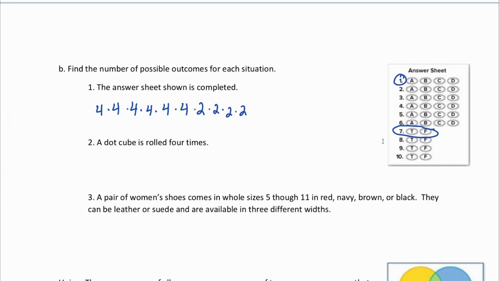They're all separate, and this would give us our possible outcomes, which should give us 65,536 outcomes when we calculate it.